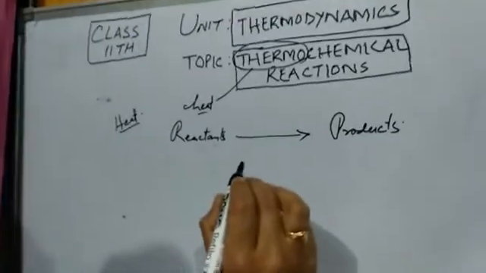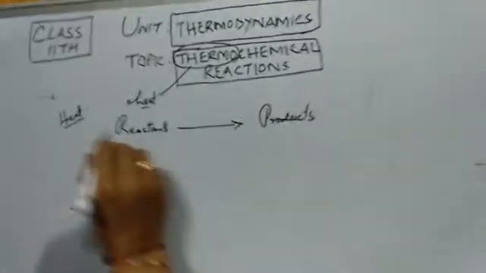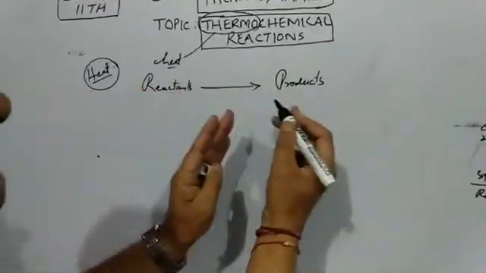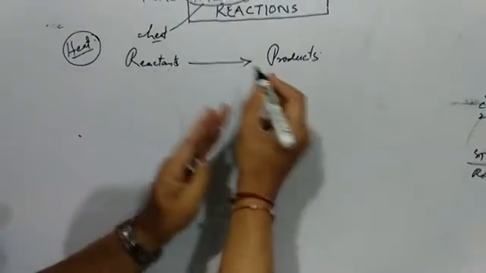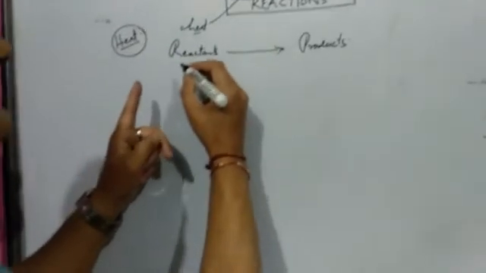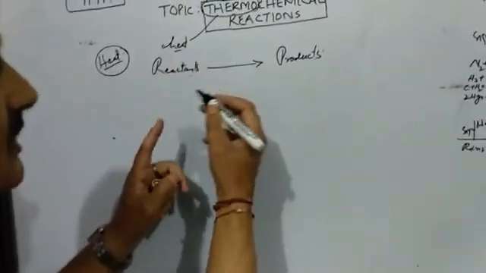So all chemical reactions are accompanied by change in heat. That means when a reaction takes place, when reactants change into products, there is change in heat. Either the heat amount increases or it decreases.